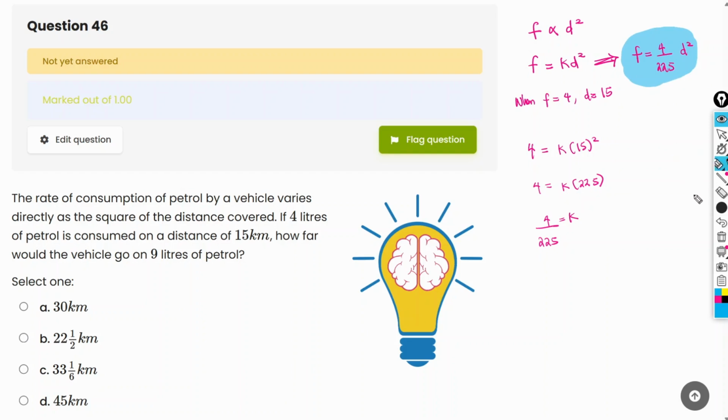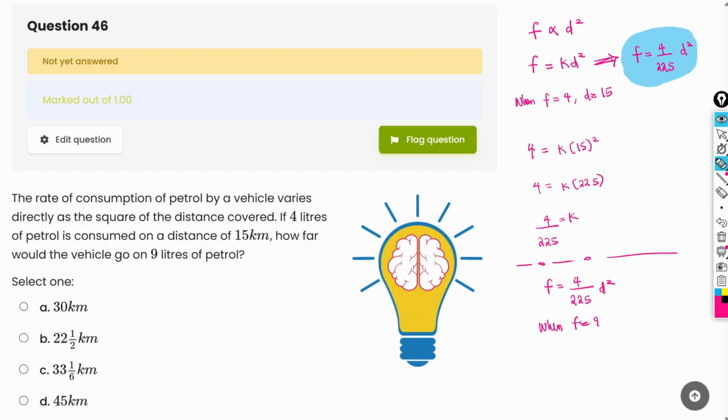Okay, where do we go from here? We have the relationship that says that F is equal to 4 over 225 d squared. And now we are asked to solve for when F is 9. I'll do that here because of space.